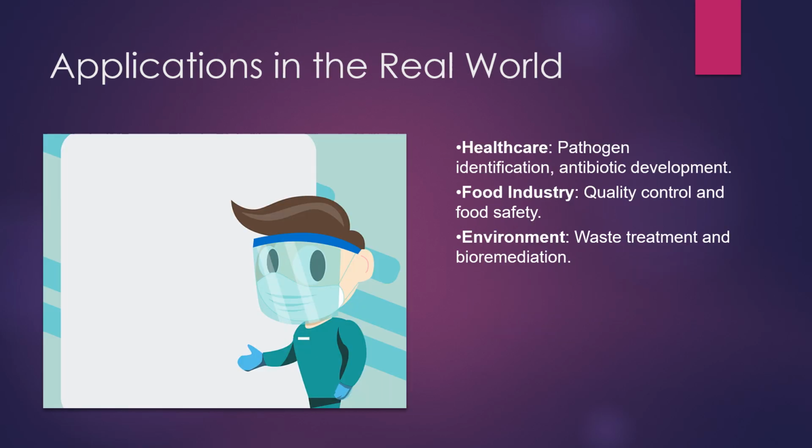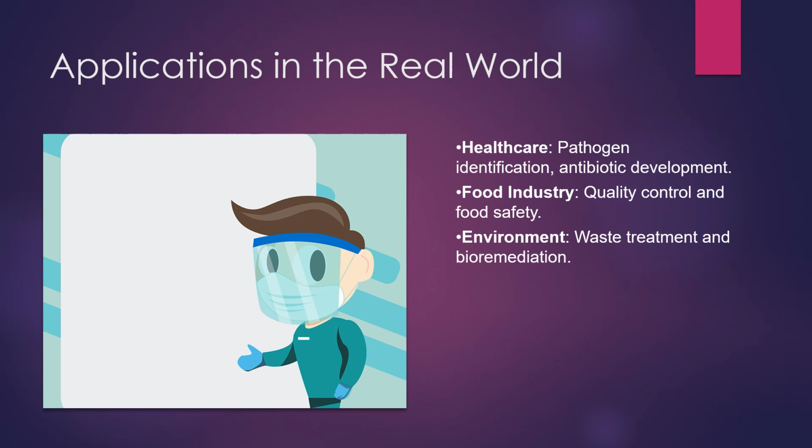So what about applications in the real world? Well, we've already covered this. The reason why we look at specific microorganisms might be because they infect us. So in healthcare, we look at identifying disease-causing microorganisms or pathogens, and in order to develop antibiotics to eliminate them.